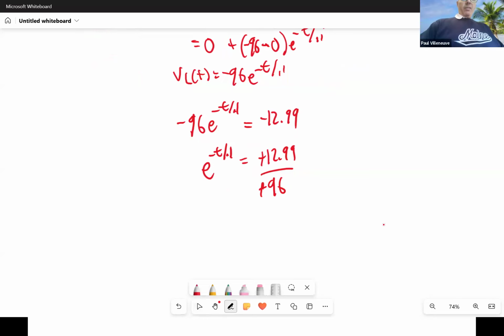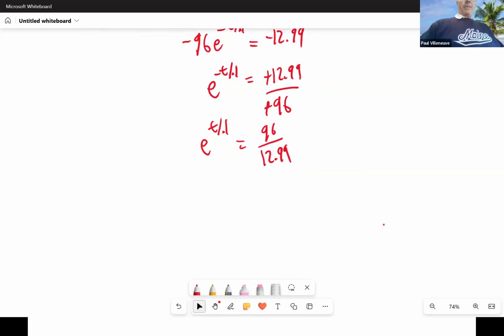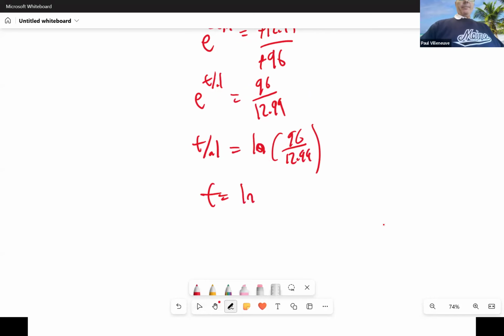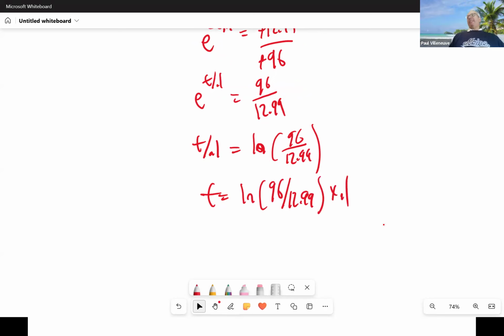Then I'm going to invert. So I have e to the positive t over 0.1 is equal to 96 over 12.99. Take the natural log of both sides, and I have t over 0.1 is equal to the natural log of 96 over 12.99. Then I multiply both sides by a tenth. And that's my time.